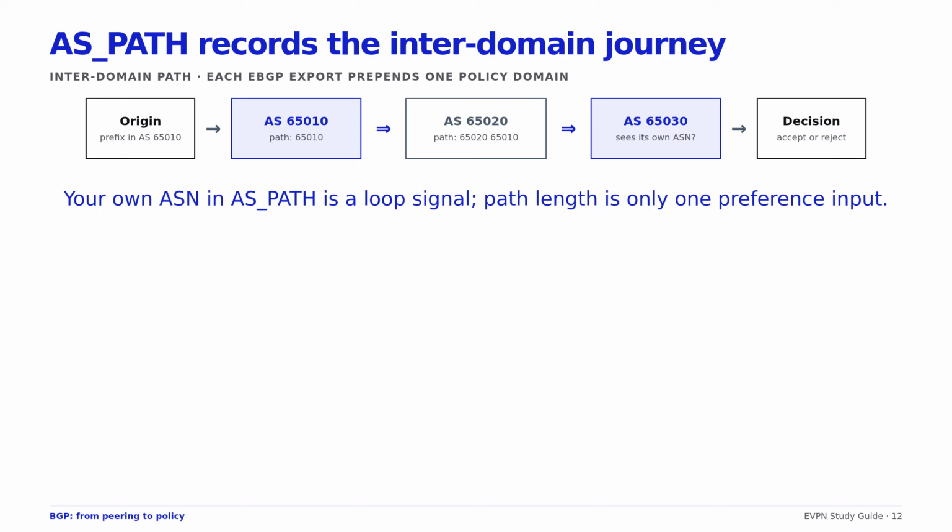A shorter path is commonly preferred after stronger local policy, and deliberate prepending can make one advertisement less attractive to remote networks. But AS path is not a physical hop count and is not a security proof. Policies, confederation segments, aggregation, and malicious or erroneous announcements can change what it communicates. Use it for loop prevention and controlled policy, then apply independent validation.